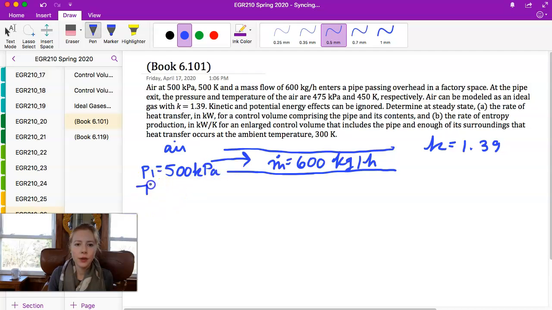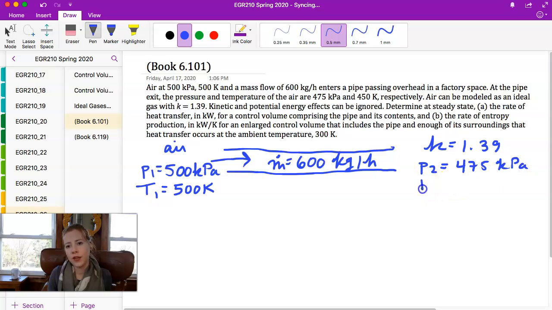We're given T1 is 500 Kelvin. We're given P2 is 475 kilopascals. And we're given T2 is 450 Kelvin.